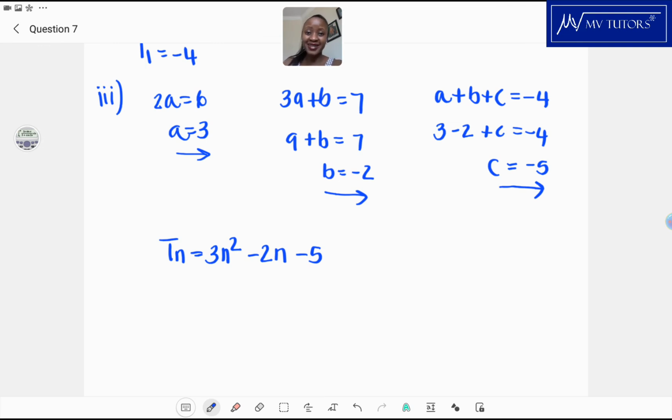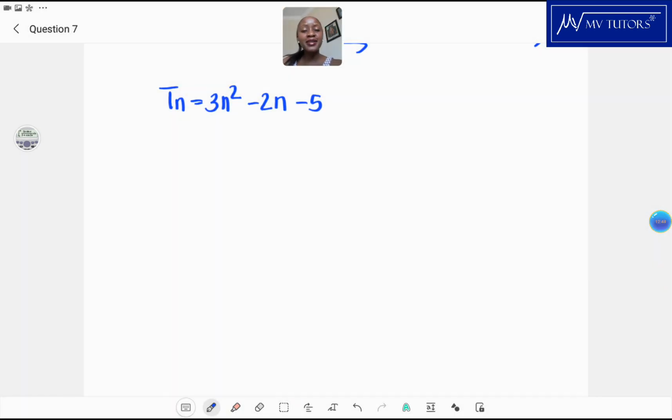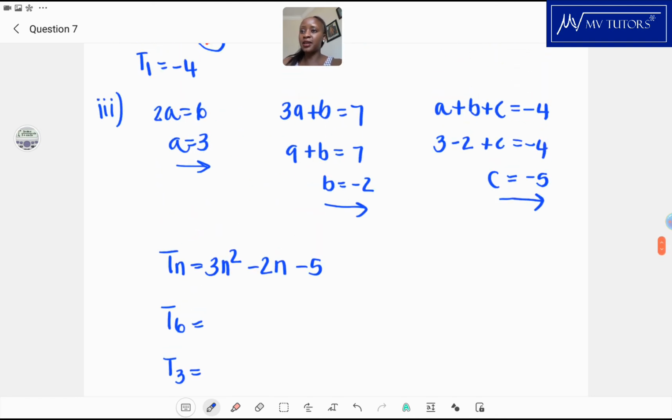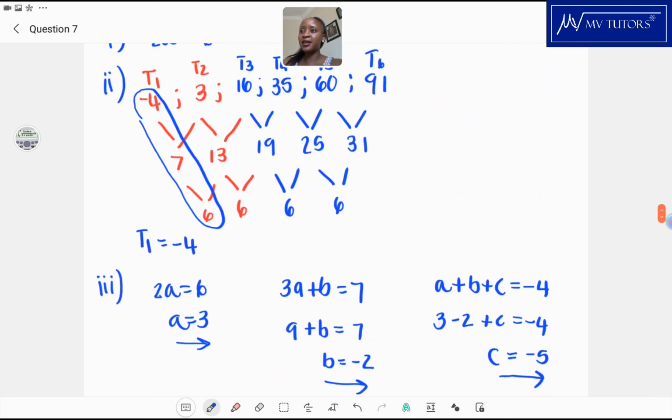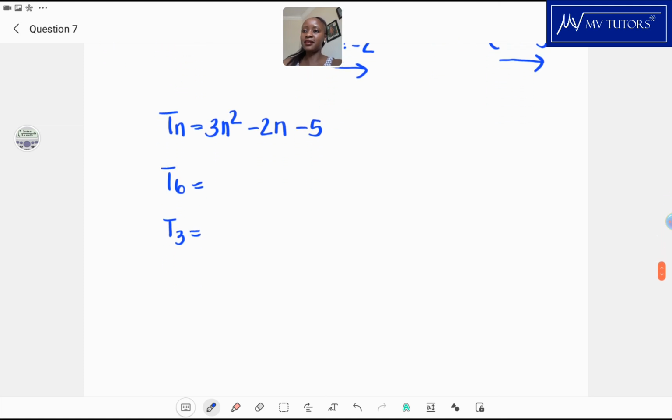And when you get here, guys, you don't rejoice and think you're done. You better test it. So let's test it for T6, which should give us 91. And let's test it also for T3, which should be 16. And even maybe T1. Let's see if we're going to get that negative 4.